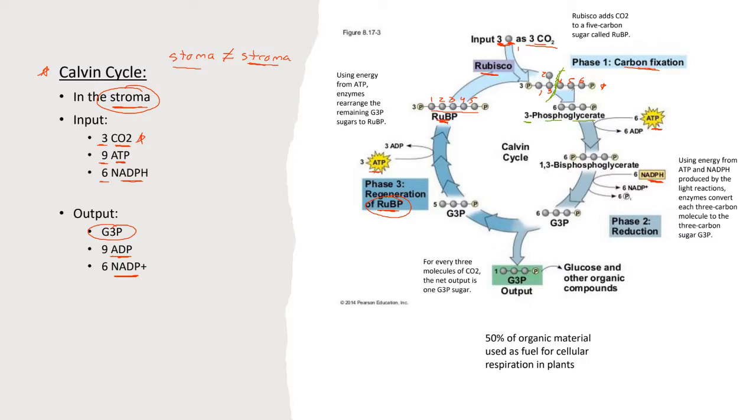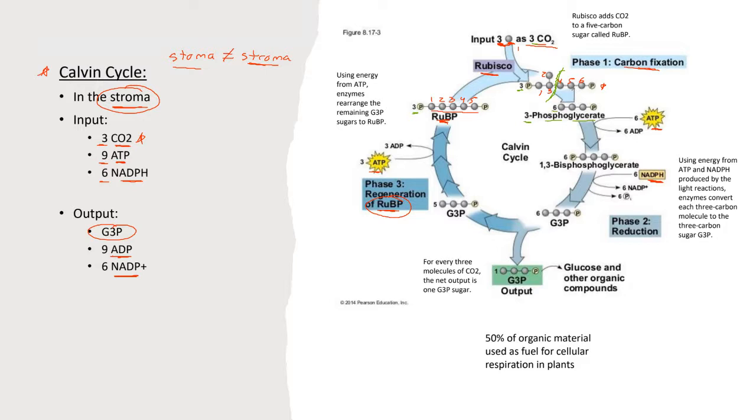But then you see here 6. Now this gets really confusing, because technically you have 6 of these. If you have 3 of these over here, remember you start with 3 carbon dioxides and 3 RuBPs, and you end up with 3 of this. Well, if they break apart, then we end up with 6 3-carbon molecules.